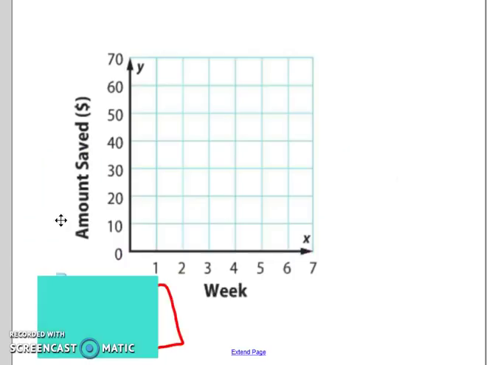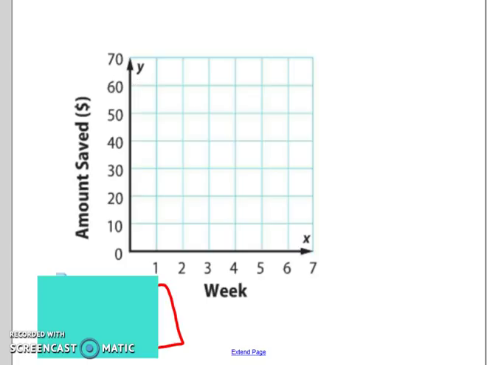If we went by ones on our y-axis, it would take a long time to get all the way to 60. So instead, I skip counted by tens. You could skip count by 20s or by 5s, but I found for this problem that skipping by 10s was easier.